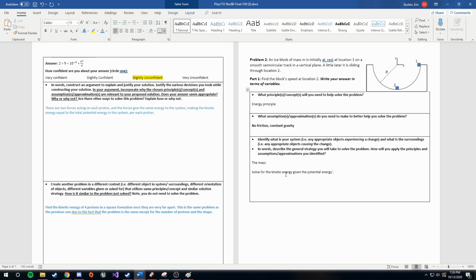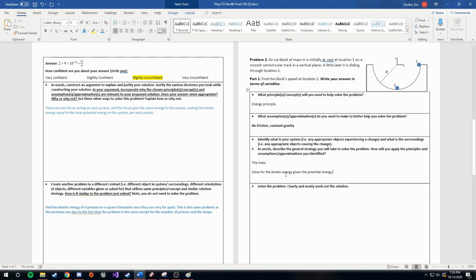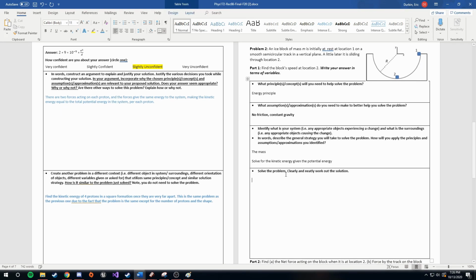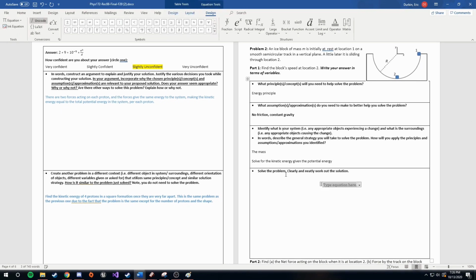Okay, so we know that energy equals kinetic plus potential, and potential is mass times gravity times height. Wait, do we have any values? Nope. So it's all a bunch of variables.